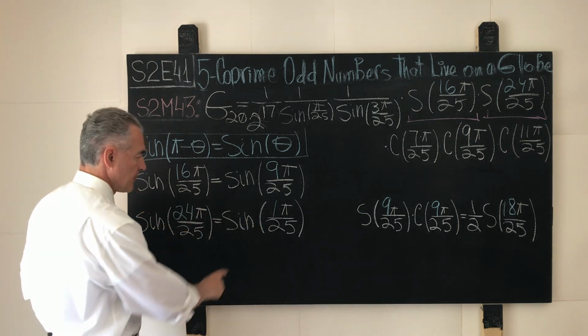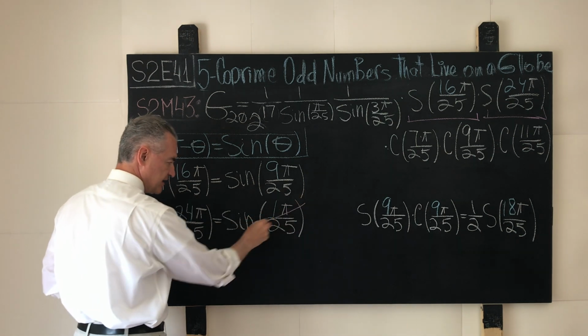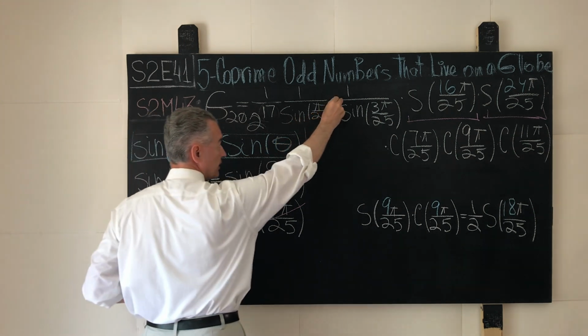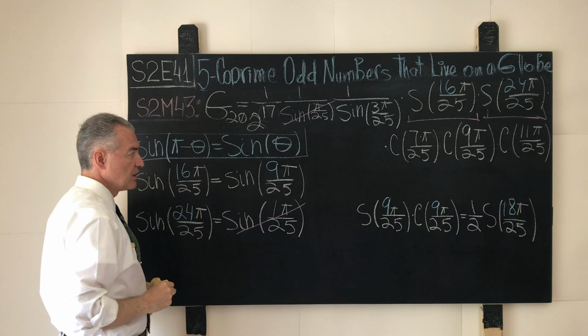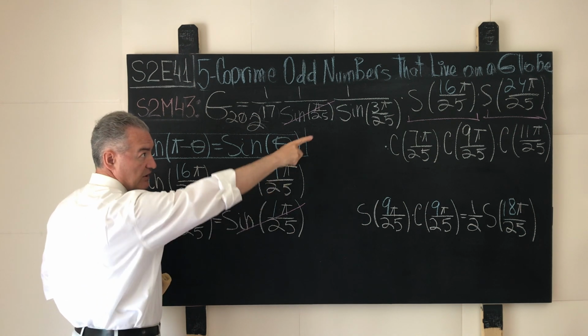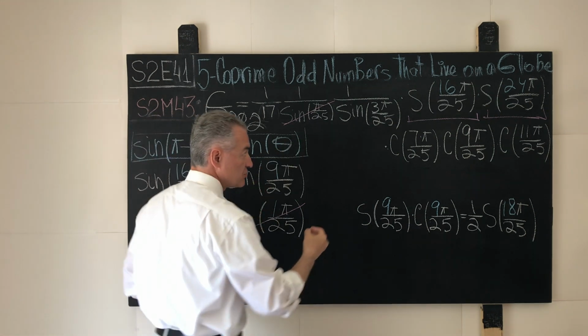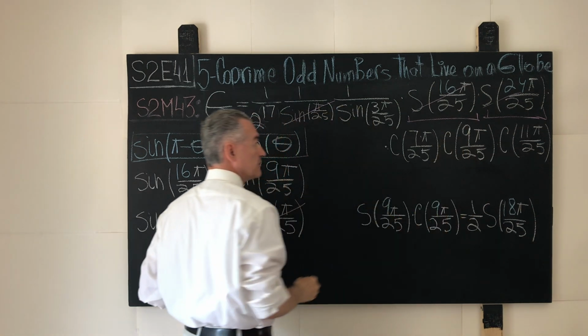What happens next? Sine of 1 times pi over 25 here and here cancel out, you see. Now this is gone. And once we enter the sine of 9 pi over 25 into that product, essentially we're erasing these guys over here from the formula.